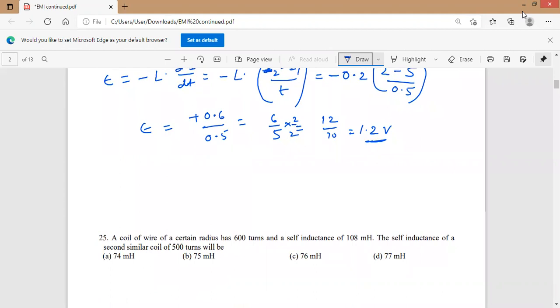Next problem. A coil of wire of certain radius has 600 turns and a self-inductance of 108 millihenry. The self-inductance of the second similar coil of 500 turns will be?